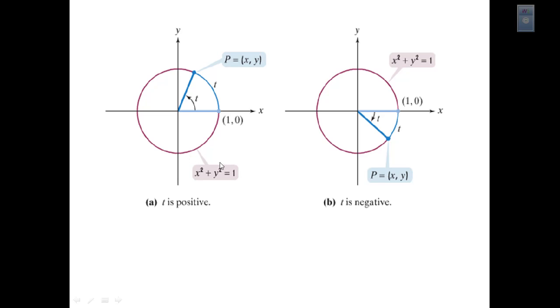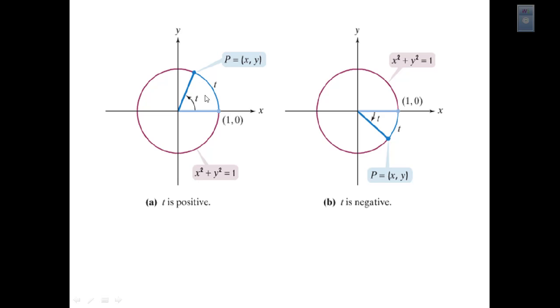Now, with these, we can have both positive and negative angles. In this case, we go in this direction and our angle t is positive. Now, guys, you need to understand, regardless of which way the angle goes, the arc length is always going to be positive. It's literally a length like you would measure along a road or along the side of a desk.